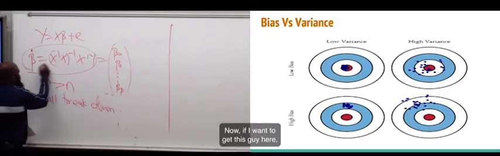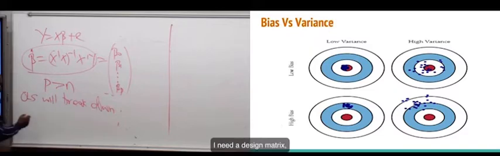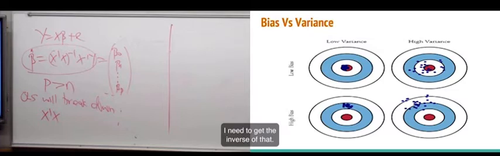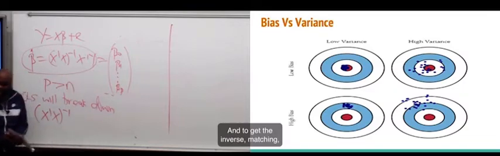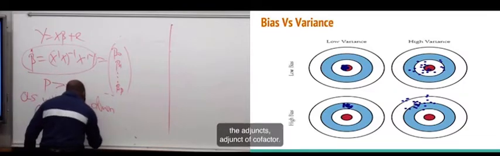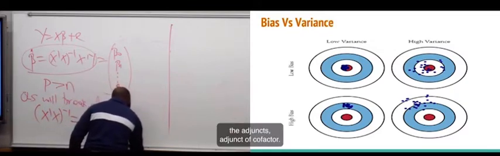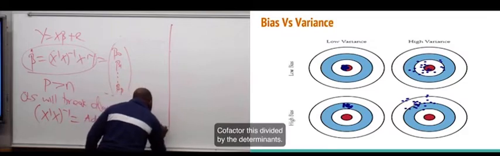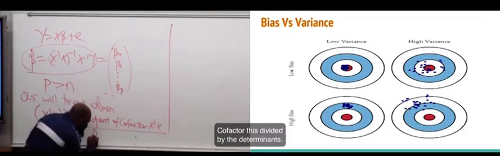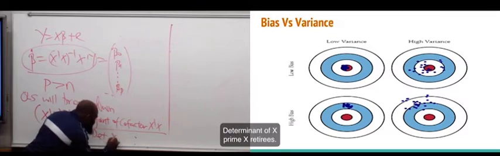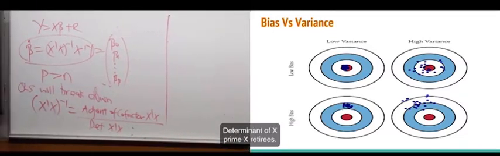If I want to get this, I need the design matrix X prime X, right? I need to get the inverse of that. And to get the inverse, in mathematics, the inverse is the adjunct of the cofactor, divided by the determinant of X prime X. And let me tell you this.